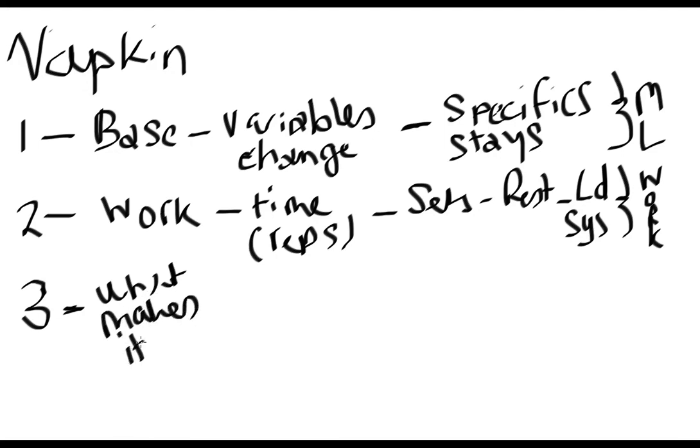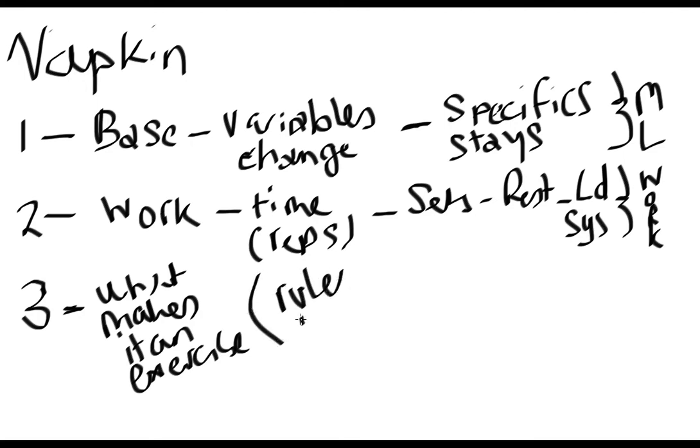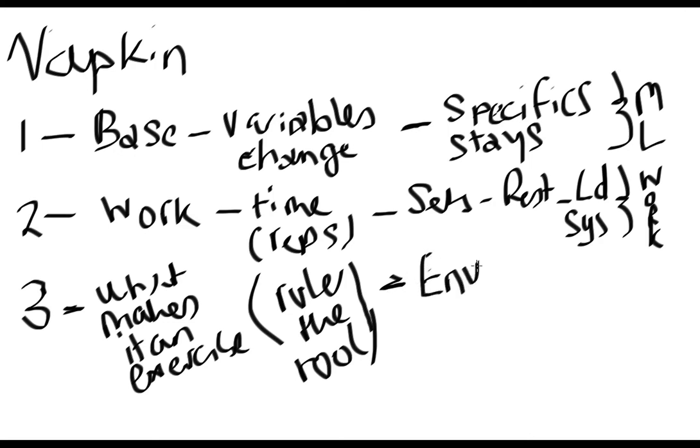So what makes it an exercise? And really, this could also be called rule the tool. And so by this, I mean, how are you going to affect the environment, and how are you going to affect the load?